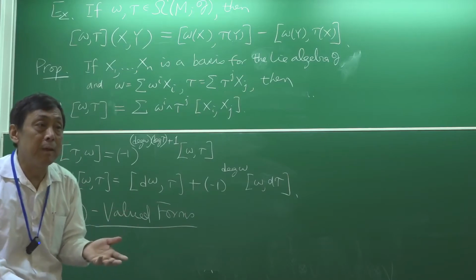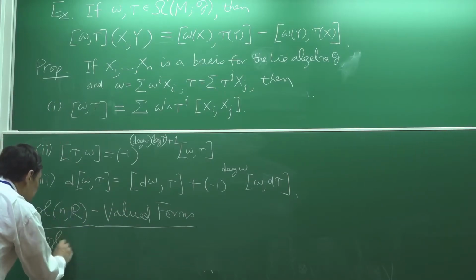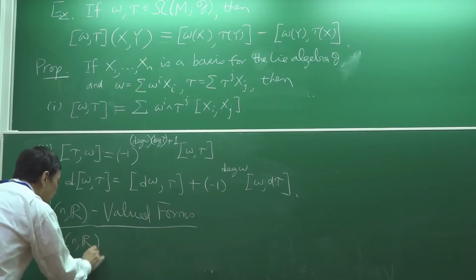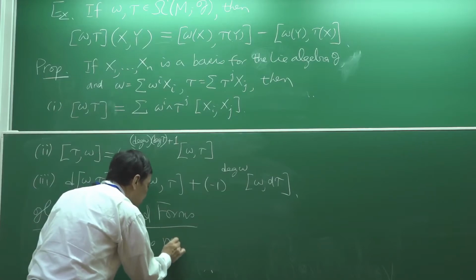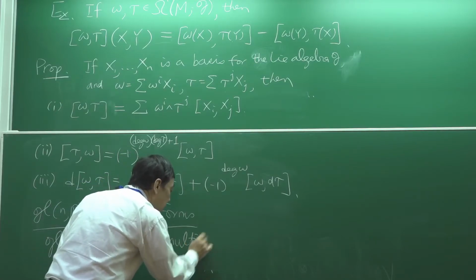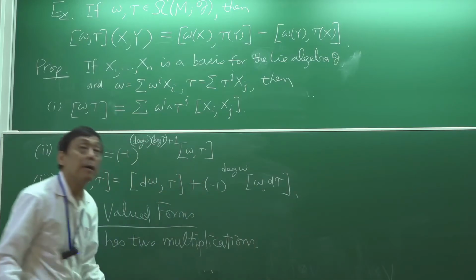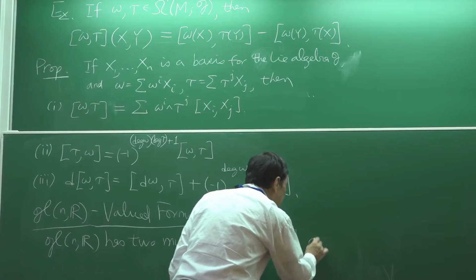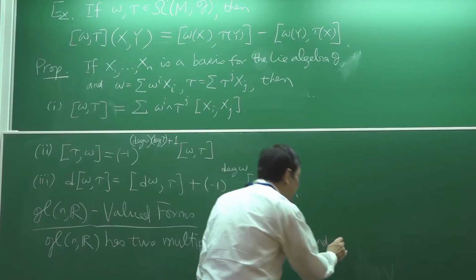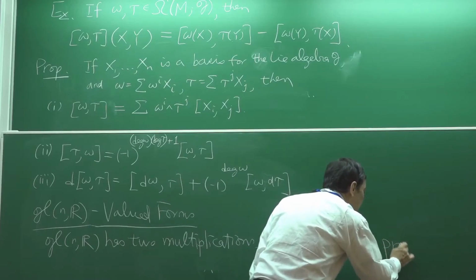You can multiply square matrices. So GL n R has two multiplications: the Lie bracket and matrix product.